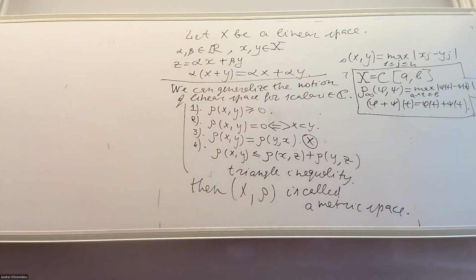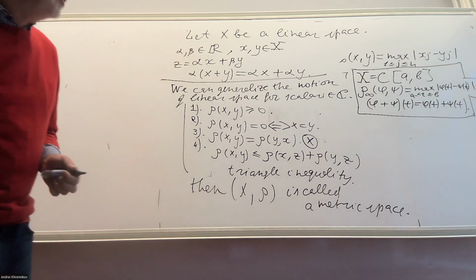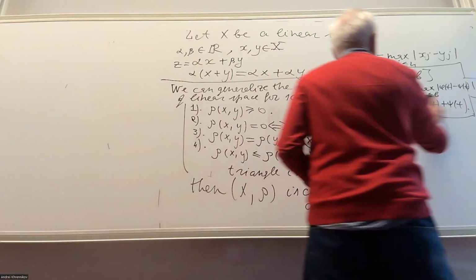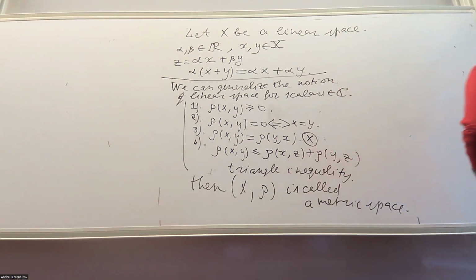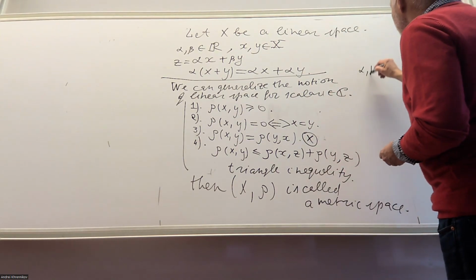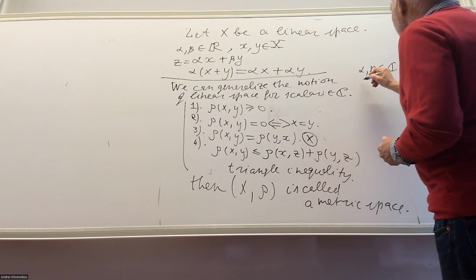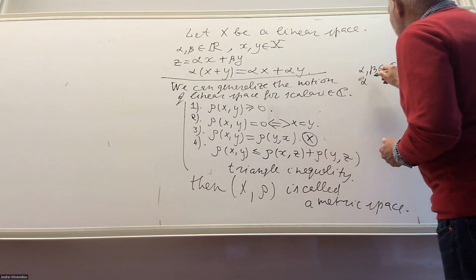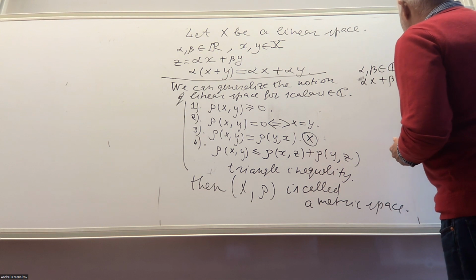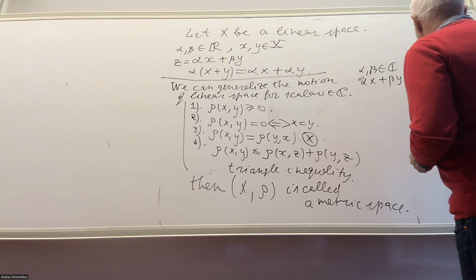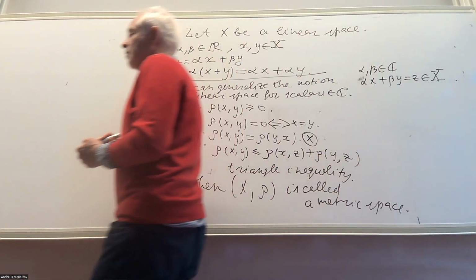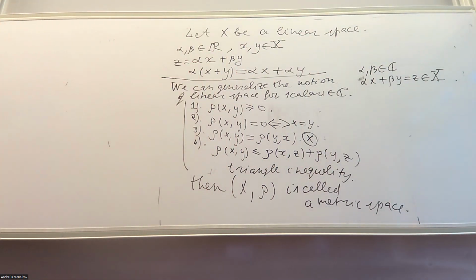So now any vector we can multiply by a complex number, and we can make similar superpositions, similar linear combinations with alpha, beta complex numbers. So we can write again alpha x plus beta y. This is z belonging to our space X. Formally, in abstract form, there is no difference.